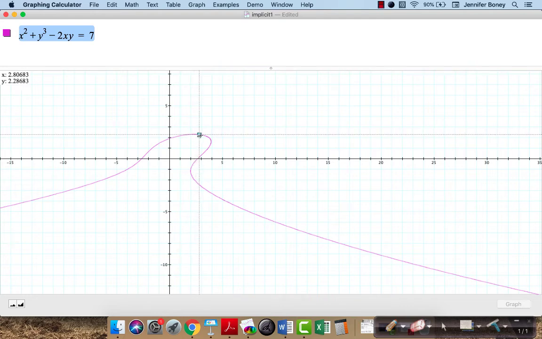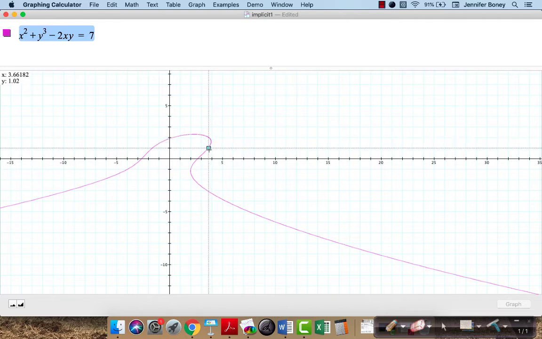Now, if I go a little bit farther over here, thinking about this region, when x is almost 4 and y is almost 2, left to right, if I make a tiny change in x and a tiny change in y, this goes downhill from left to right. So that would mean that I should have a negative derivative here.